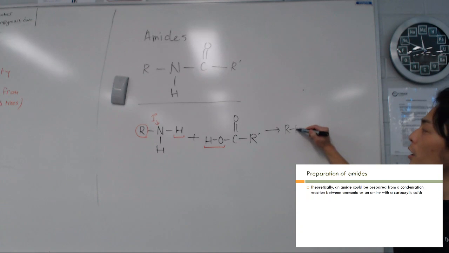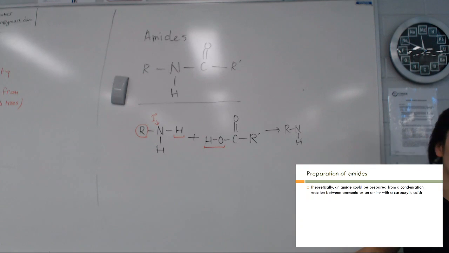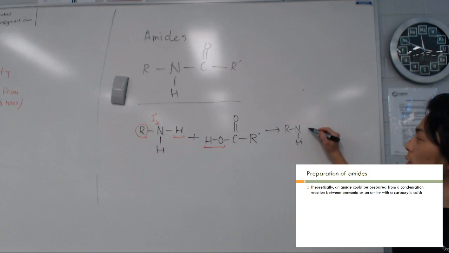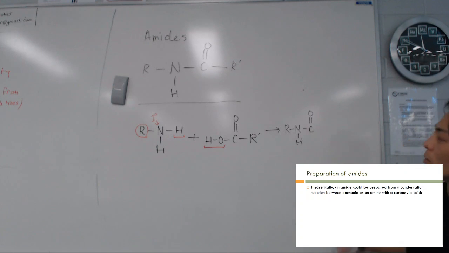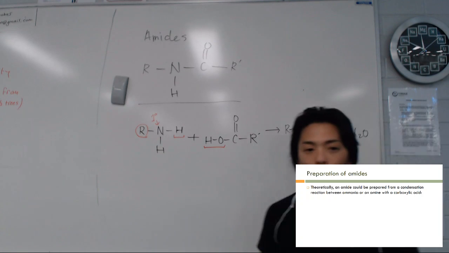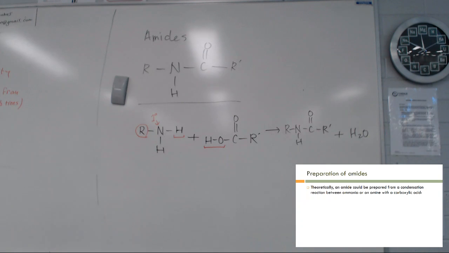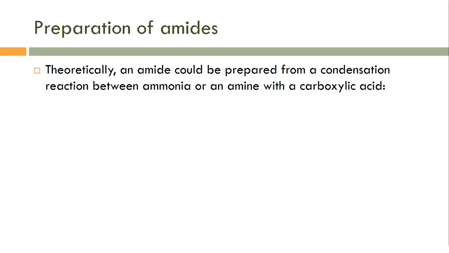So R and H. And now nitrogen is directly connected to carbon, with an oxygen double bond, the carbonyl group, and another carbon chain. And because this is a condensation reaction, the other product is a water molecule. So theoretically speaking, that could occur.